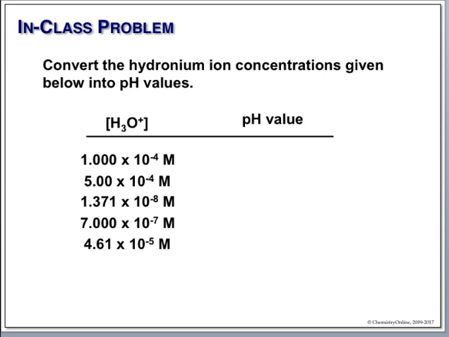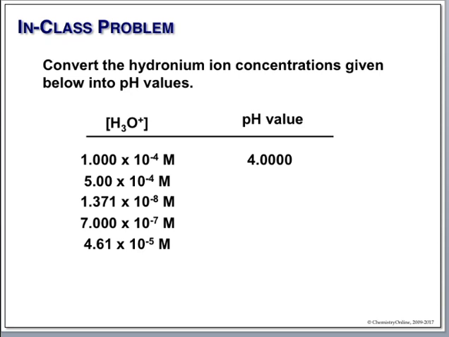If hydronium is 1 times 10 to the minus 4, you type in 1 times 10 to the minus 4 on your calculator, hit the log button, change the sign, pH is 4. Type in 5.5 times 10 to the minus 4.